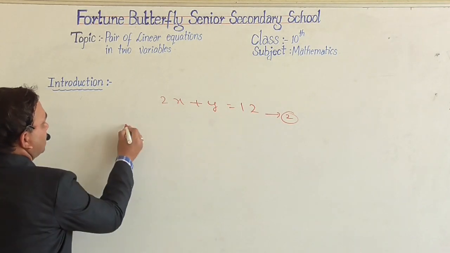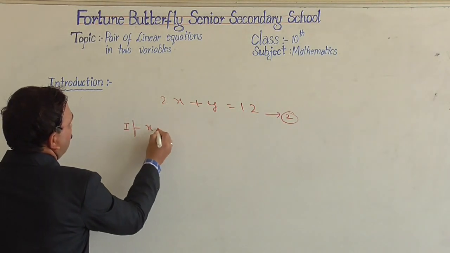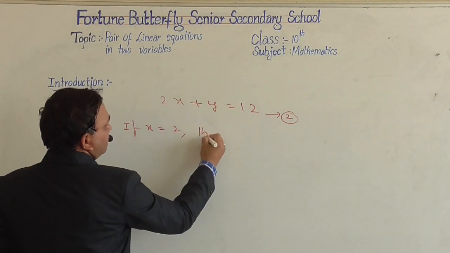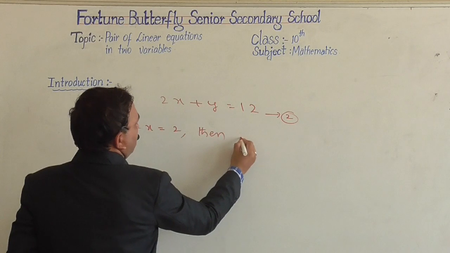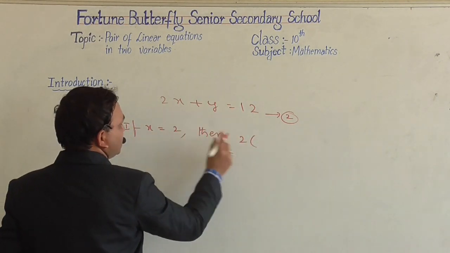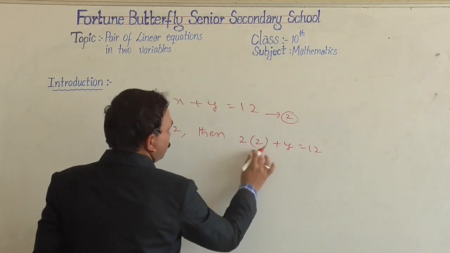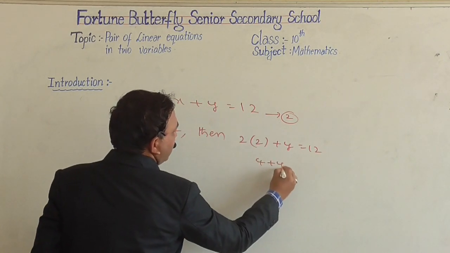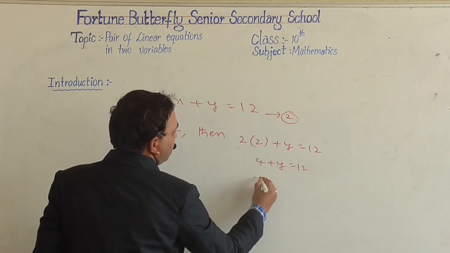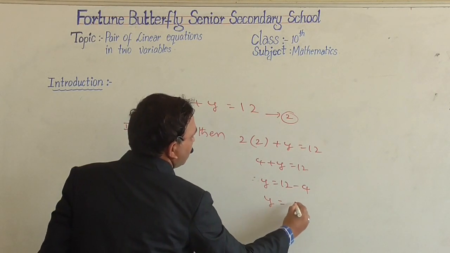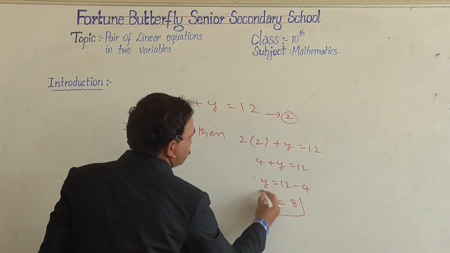For example, if x is equal to 2, then substitute 2 for x: 2 twos are 4 plus y is equal to 12. So therefore y is equal to 12 minus 4. So y is equal to 8.